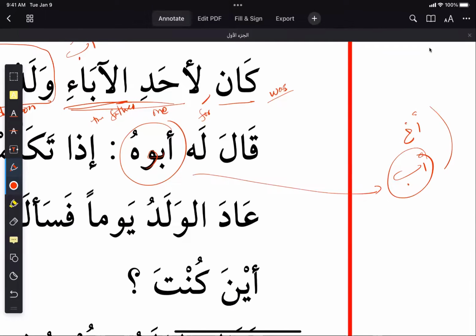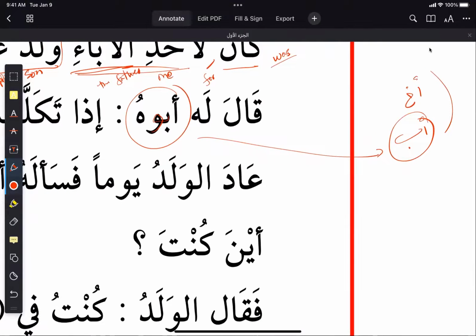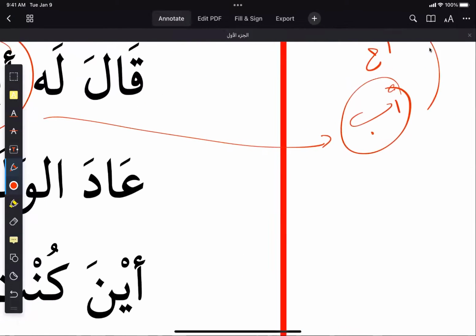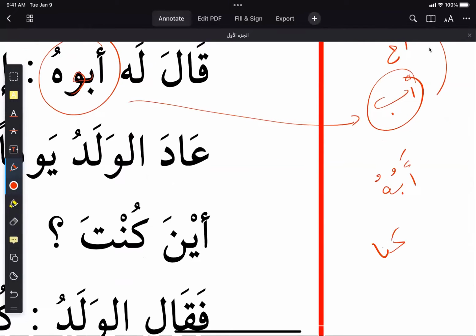And you might wonder, well, what's going on with the waw? Instead of adding dhamma, we add waw to make it into the subject. For example, instead of saying abu hu, abuhu, because you know, same thing as kitabuhu, right? Kitabuhu.